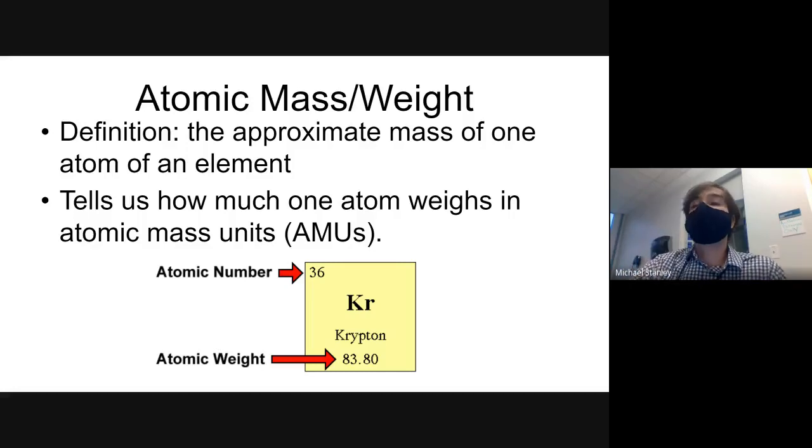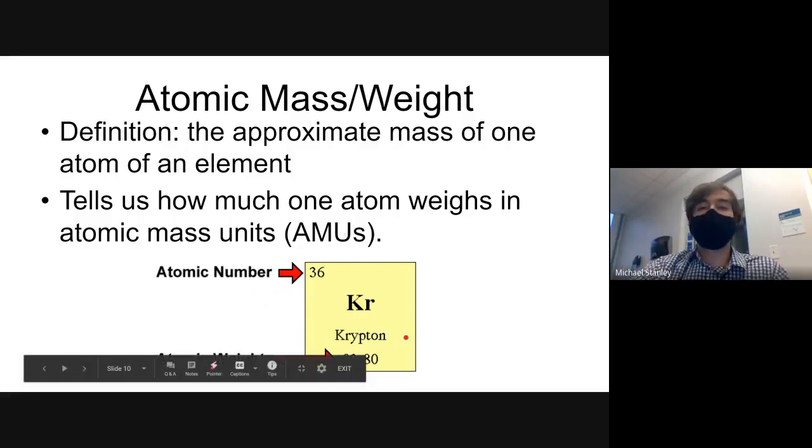So instead, scientists came up with a new measurement called an atomic mass unit, or an AMU. And they said, okay, we'll just say that a proton weighs 1 AMU and a neutron weighs 1 AMU. And then the weight of an atom is the protons and the neutrons together. So it'll just be that many AMUs.